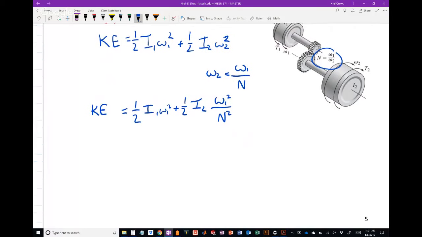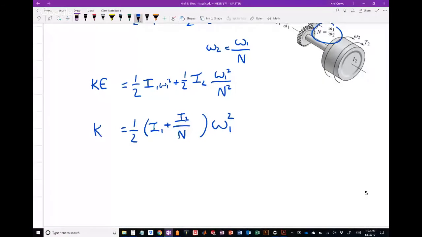Notice I had to square the denominator as well. Okay, so again, putting this in that form that we're looking for with omega 1, 1/2 something times omega 1 squared, and that something is going to be I1 plus I2 over n squared. Okay, and that's going to be the kinetic energy.